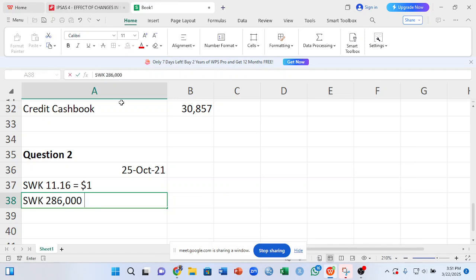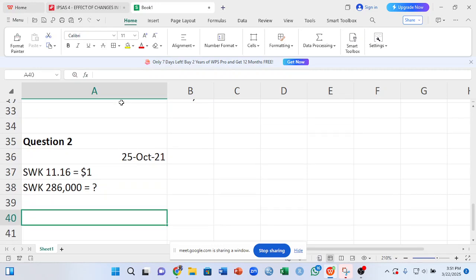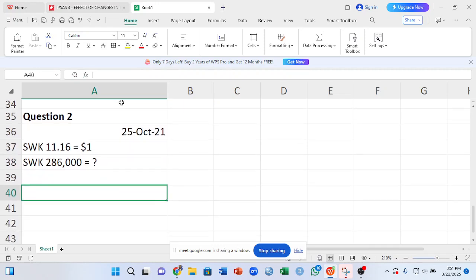286,000 is equal to what? So we'll do the conversion. We divide 286,000 by 11.16, and then we multiply by $1.